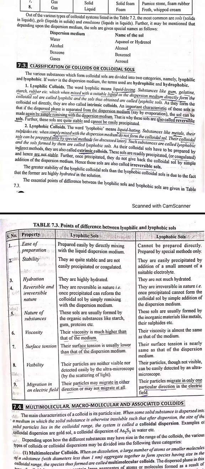As their colloidal sols have to be prepared by indirect methods, they are also called extrinsic colloids. These sols are readily precipitated or coagulated and hence are not stable. Further, once precipitated, they do not give back the colloidal sols by simple addition of the dispersion medium. Hence, these sols are also called irreversible sols.